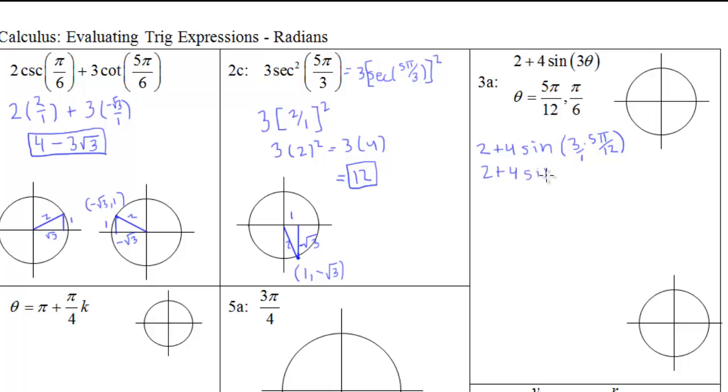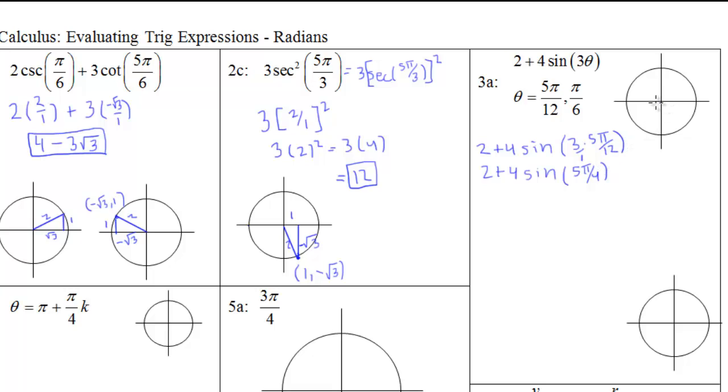And if I did draw 5 pi over 12, it is not a special right triangle, and I would be kind of stuck in trying to figure it out. So this will be 15 pi over 12, or if I cross-cancel the 3 into the 12, it will simplify more quickly to 5 pi over 4.